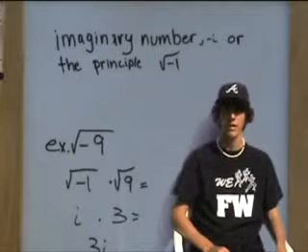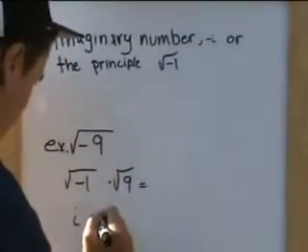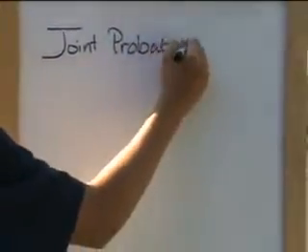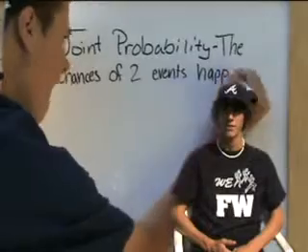I. Imaginary number: i, or the principal square root of negative 1. J. Joint probability: the chances of two events happening together.